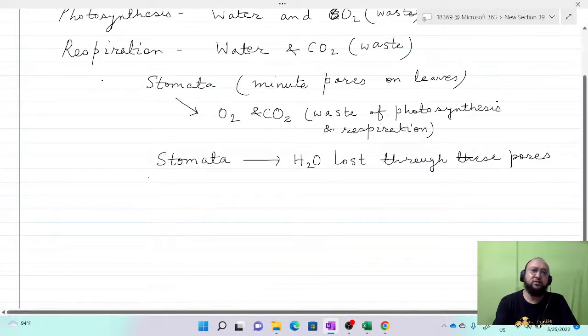These stomata are very small, minute pores, and they have one particular kind of cell, bean shaped cells, called guard cells. This is the pore through which gaseous exchange takes place, and the guard cell contains a nucleus and other important material.